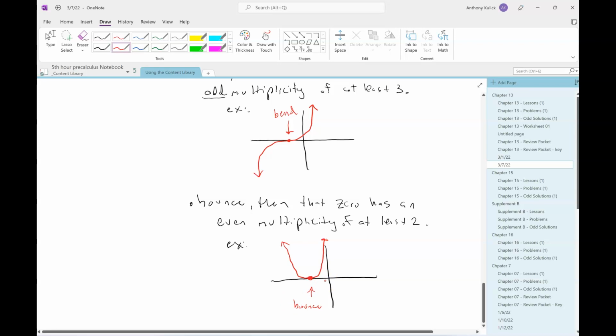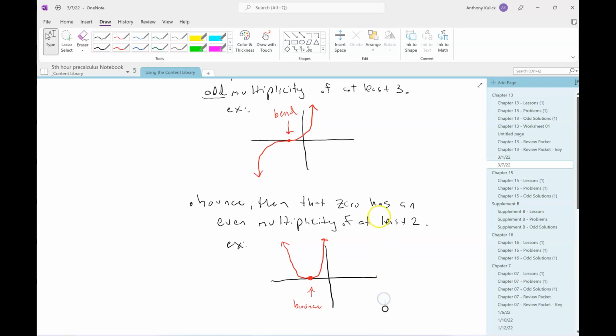If it intersects with a bounce, then that 0 has an even multiplicity of at least 2. And I drew a little picture of what a bounce is going to look like.